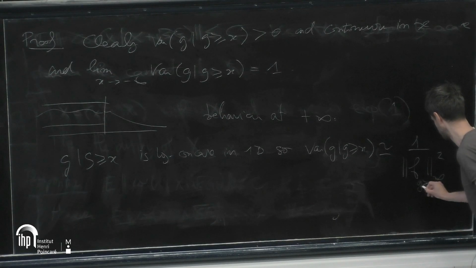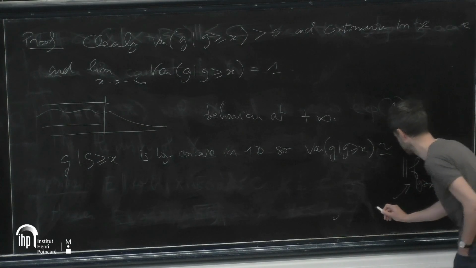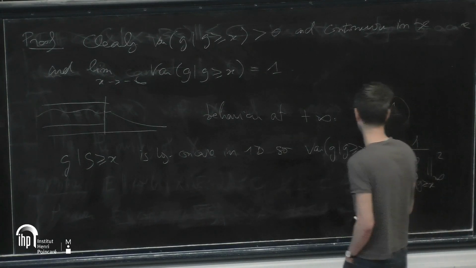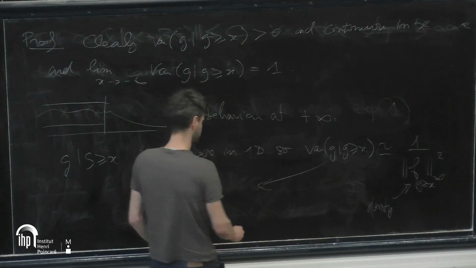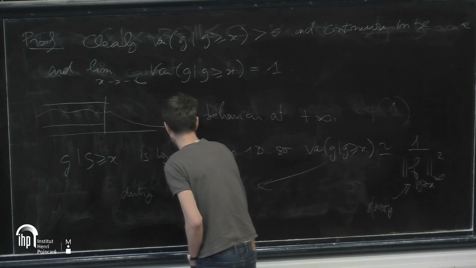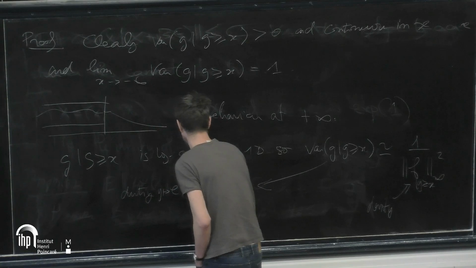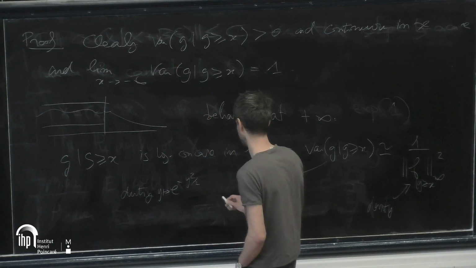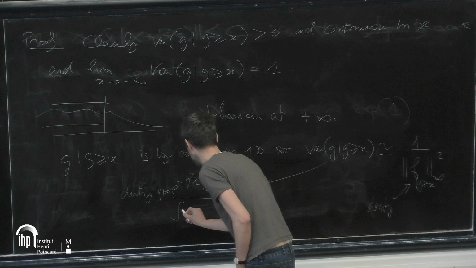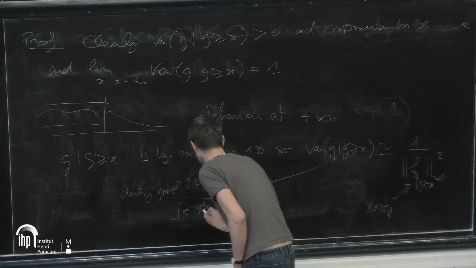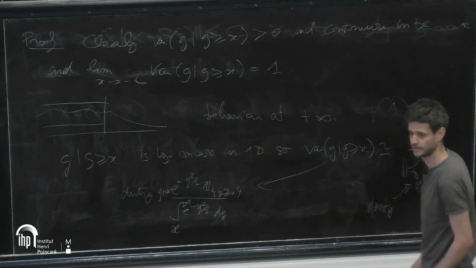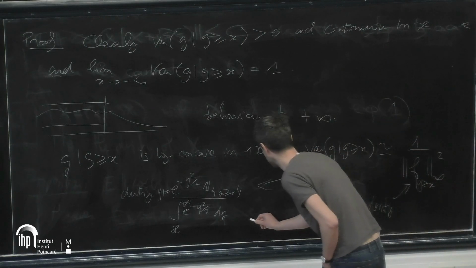The density is e to the minus y squared over 2, times the indicator that y is larger than x, divided by the integral of e to the minus y squared over 2 dy from x to infinity.